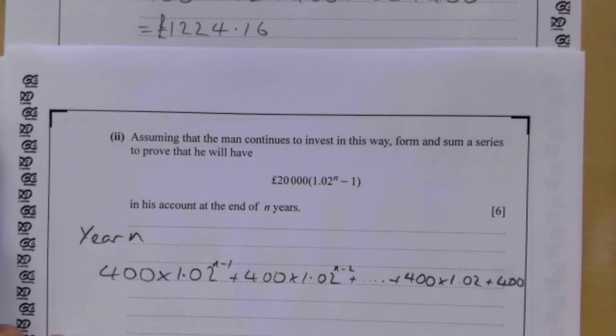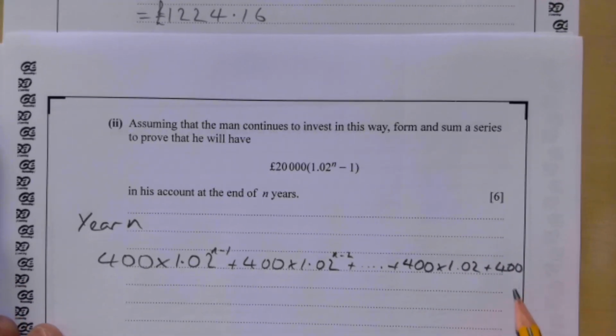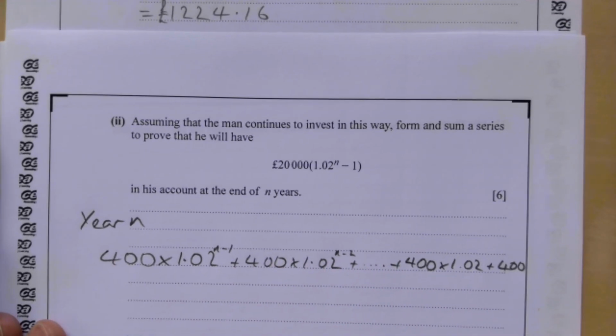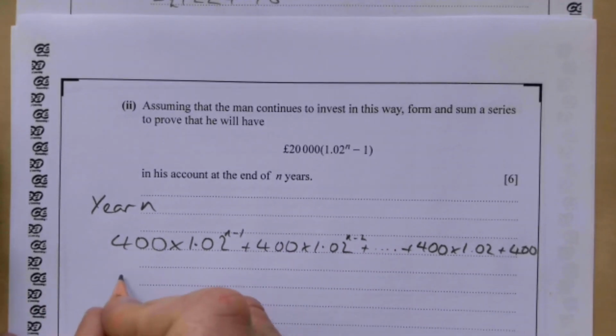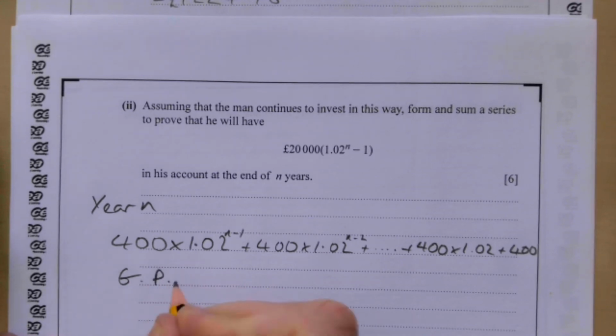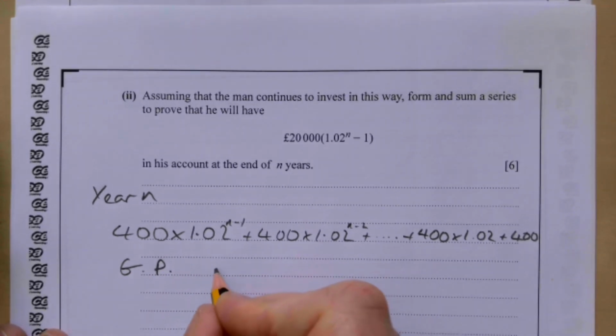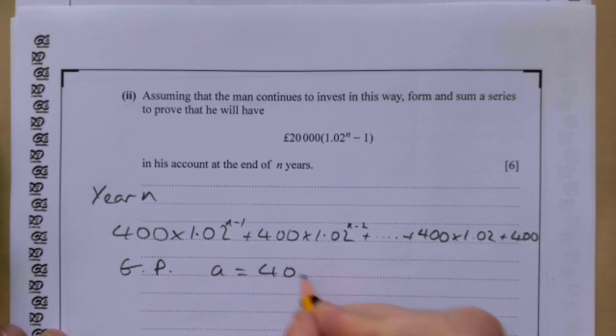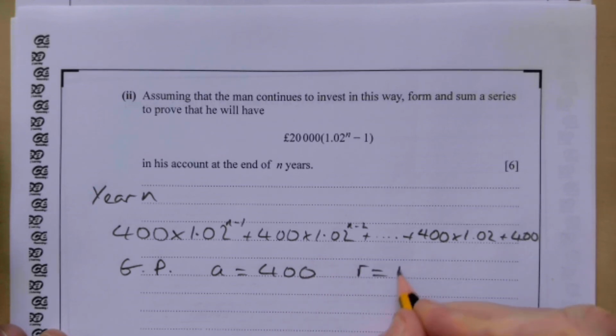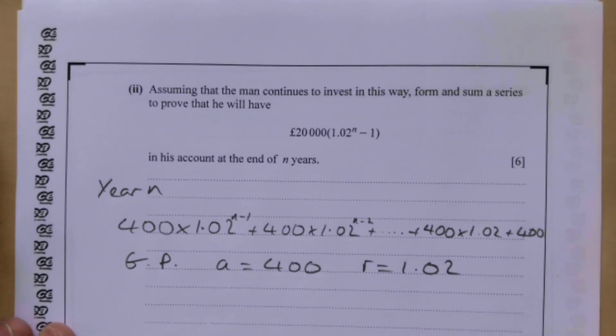Hopefully you can see that this is now a GP, if a little bit backwards. So our first term is 400. Then our ratio is 1.02 and we're multiplying by 1.02 each time to get this. So this is a GP. Our a is 400 and our r is 1.02.